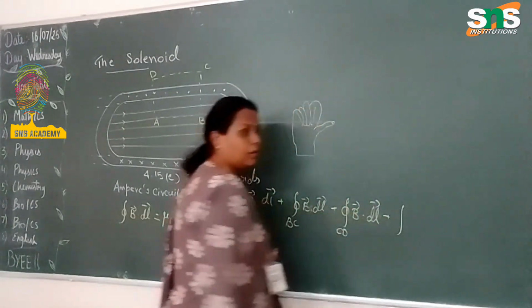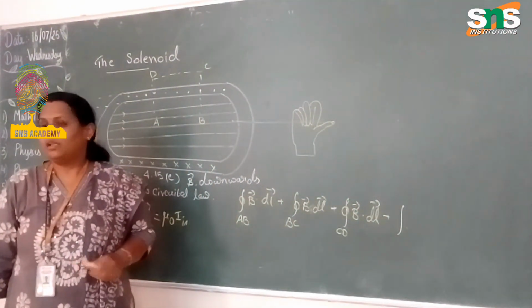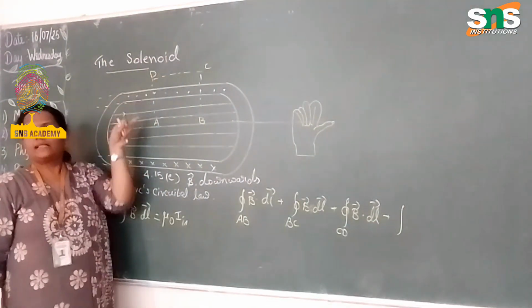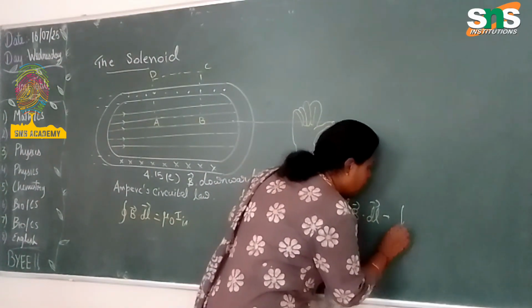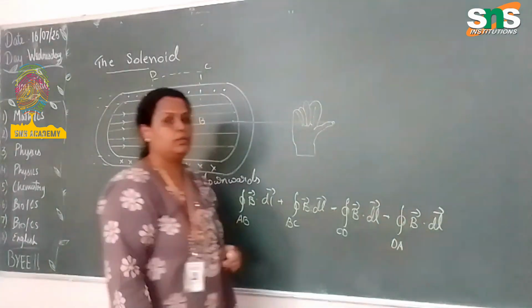Then the remaining part will come next. AB I have written, BC, CD, then next one DA. Closed line integral B vector dot dl vector.